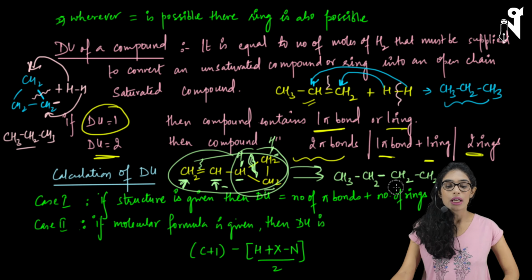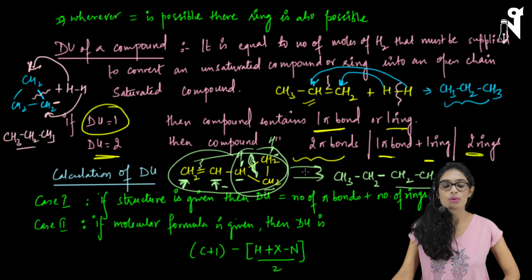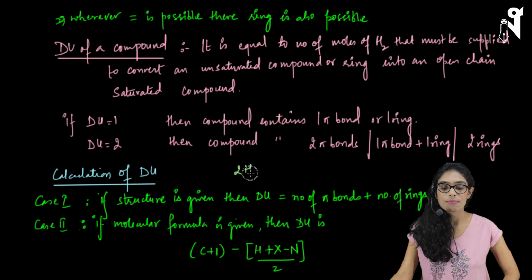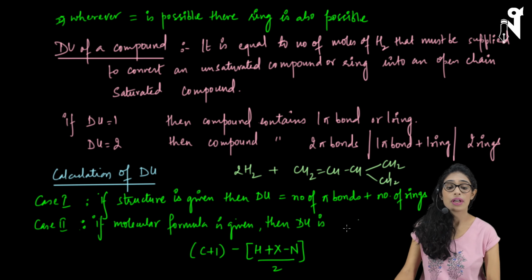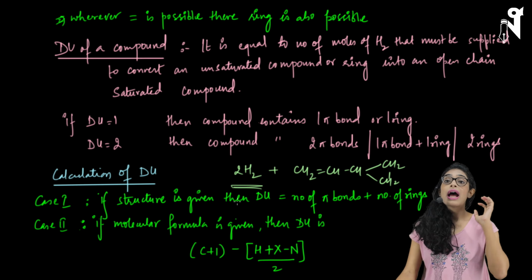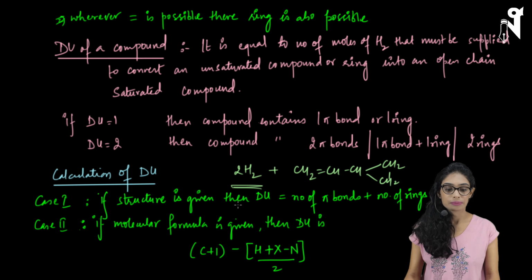So basically, two H2s we will have to add in the compound CH2 double bond CH single bond CH, CH2 and CH2 to make it a normal alkane chain. So that's how we understand that the degree of unsaturation of this compound is 2, because we need to add 2 moles of H2 to make it a normal alkane chain.